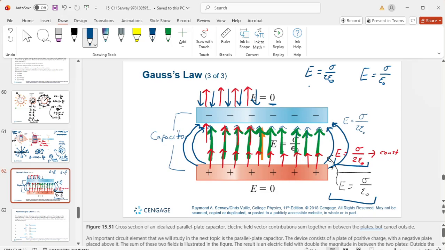So this is for your single sheet. This is for your equal and opposite charged sheets. All right. That is Gauss's law, and that is the major result that we need.